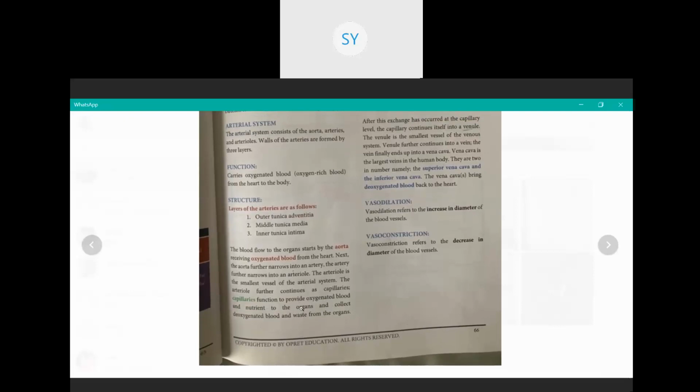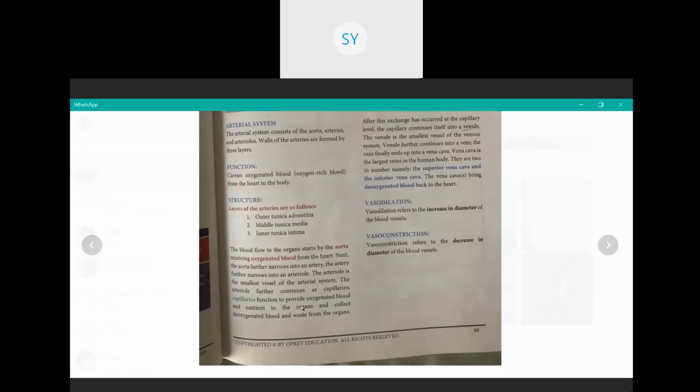You know that the function of our blood is helping the tissue survive, and it has all components like glucose, vitamins, everything, and our tissue needs it, and these blood vessels help our tissue survive.